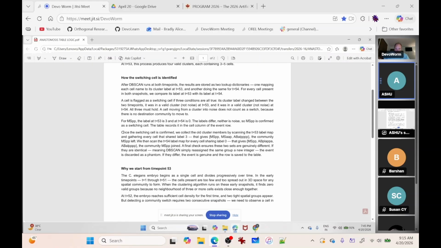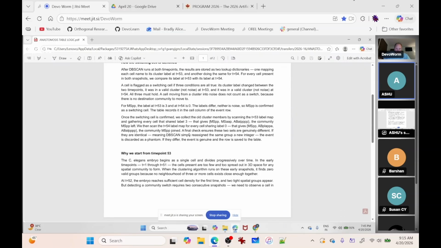If we talk about the MSPP, at T53 it was in label 3 and at T54 it was in label 0. So all 3 conditions are satisfied. The cluster labels are different and it is present at both time points, T53 and T54.